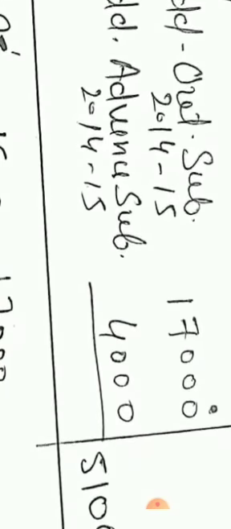The remaining amount is 17,000. That 17,000 we present here. Then add advance subscription 4,000. Then the total of this amount is 51,000, because 30,000 plus 17,000 plus 4,000, total is 51,000.